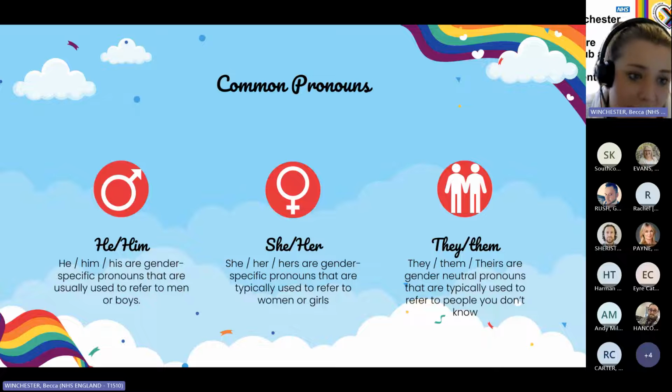So obviously we have he and him, as I've already mentioned, which is a gender specific pronoun usually used to refer to men or boys. We have she and her, again a gender specific pronoun usually used to refer to women or girls, and then they or them, which are gender neutral pronouns typically used to refer to people you don't know. And you can also use sie and them and many other variations.